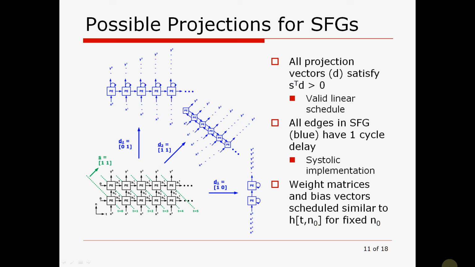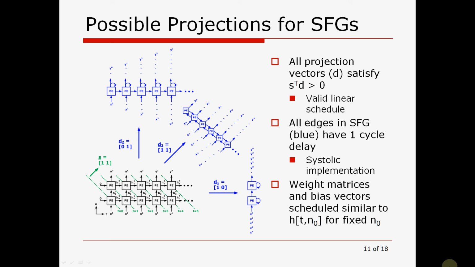Now, the key point here is that a recurrent neural network is, in theory, infinitely long. It goes infinitely far back in time for its history. So the time axis for the dependency graph is unbounded in the horizontal axis, and that has an impact on the signal flow graph, or on the projection.